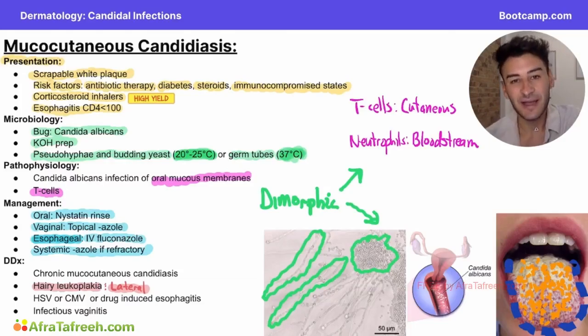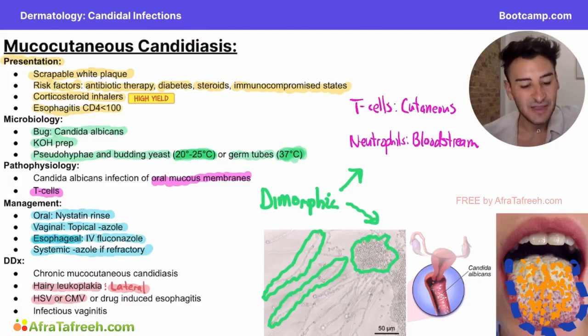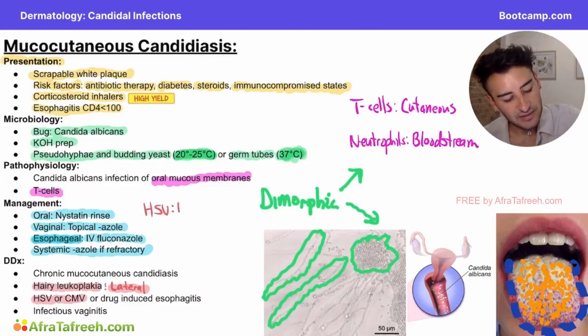Next, I want to talk about HSV and CMV infections of the esophagus because this is a pretty high yield physical exam finding that we like to talk about. In HSV and CMV esophagitis, there are two specific lesions that are going to be talked about. When it comes to HSV, we're going to have it described as punched out lesions.